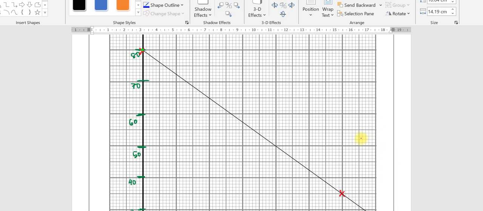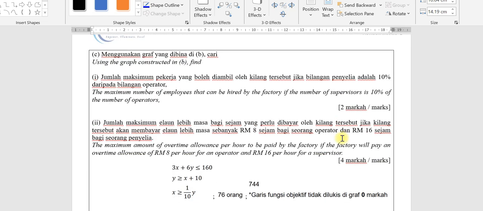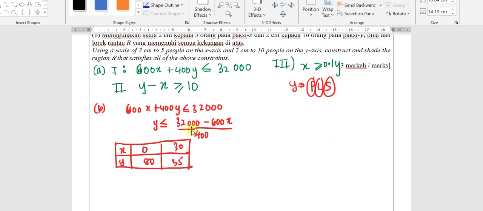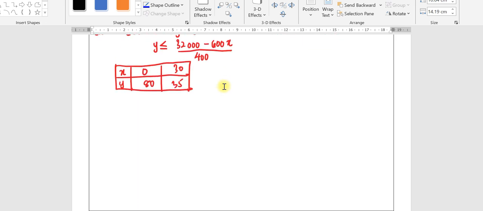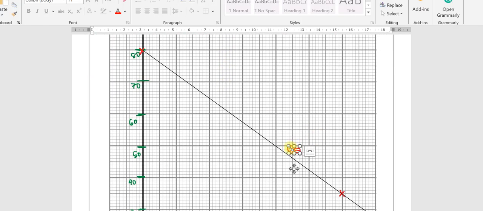Then I label it as 600x plus 400y equals 32,000.